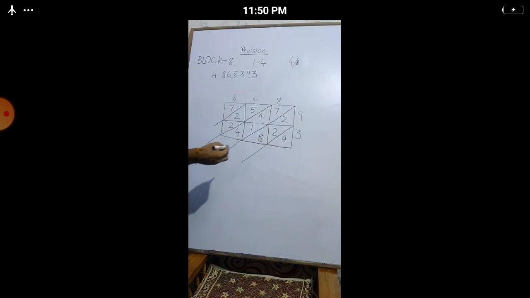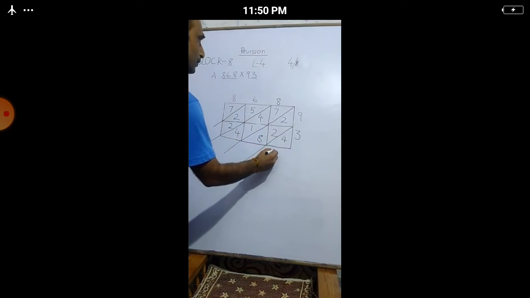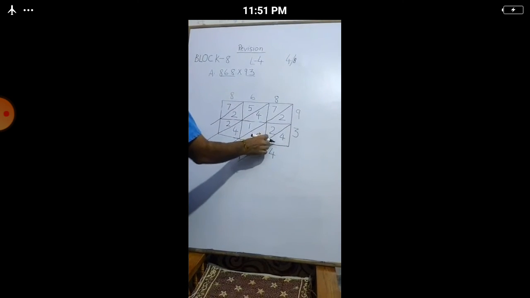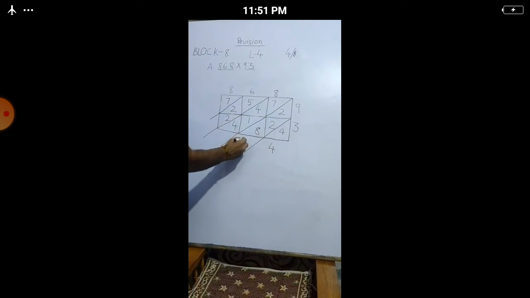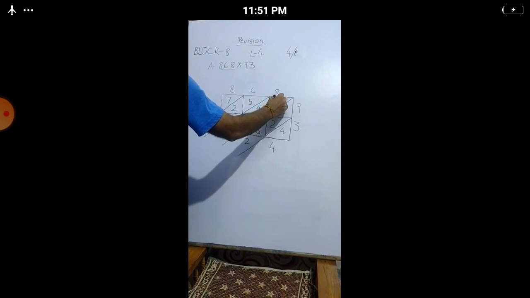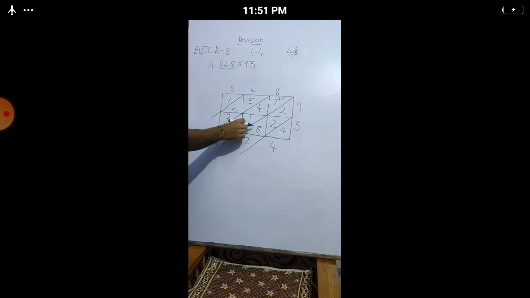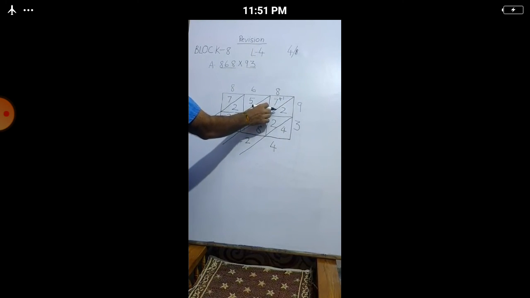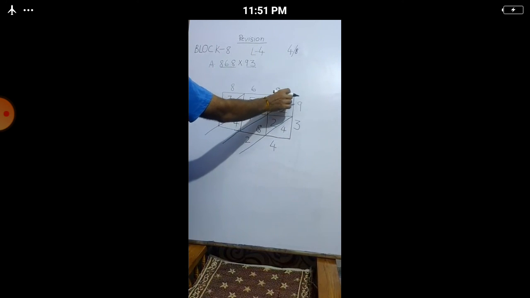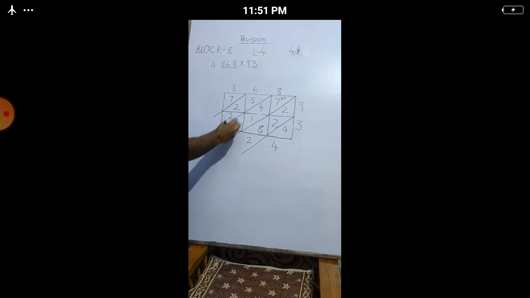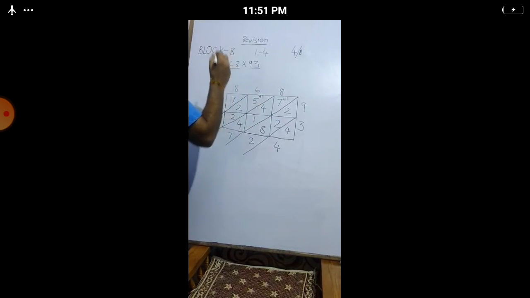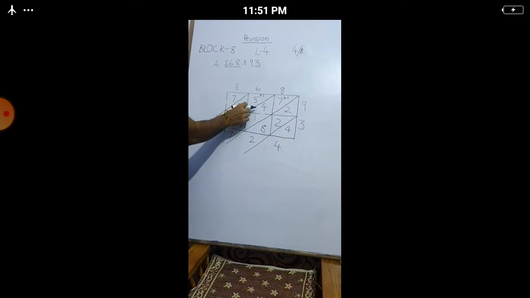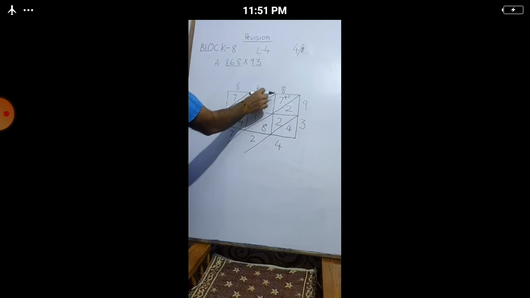Now children, I am going to add. So here, students, 4 plus 8 is 12... 8 plus 2 is 10, 10 plus 2 is 12. So carry 1. 4 plus 1 is 5, 5 plus 4 is 9, 9 plus 7 is 16, 16 plus 1 is 17. So 7, carry 1. Students, 2 plus 2 is 4, 4 plus 5 is 9, 9 plus 1 is 10.